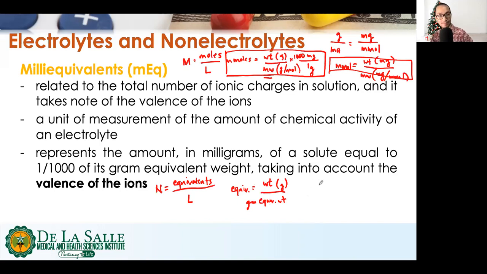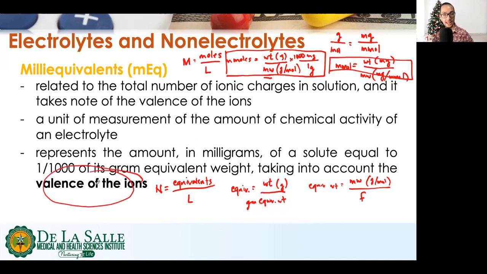Now, what is this gram equivalent weight? The equivalent weight is equal to the gram molecular weight of the substance divided by its factor. The factor is dependent on the valence of the ions.